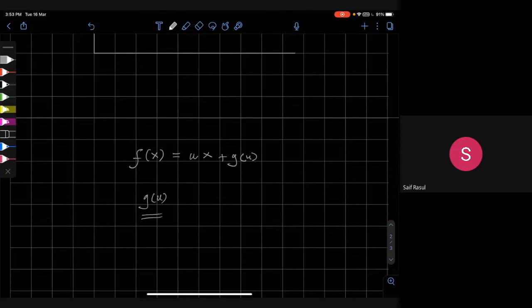What I'm trying to say is, for a fixed value of u, this is the equation for a line, right?